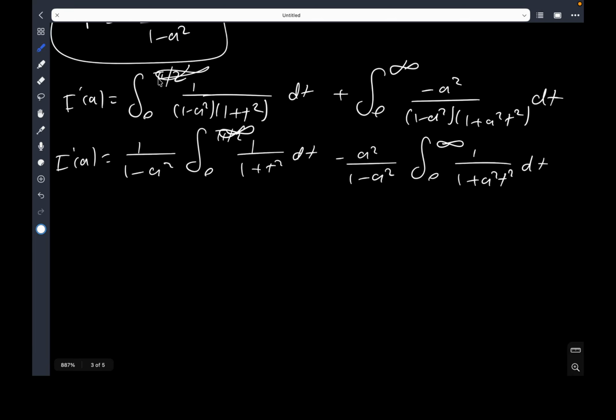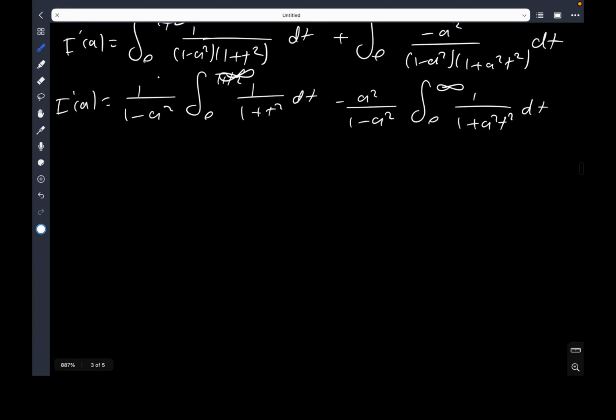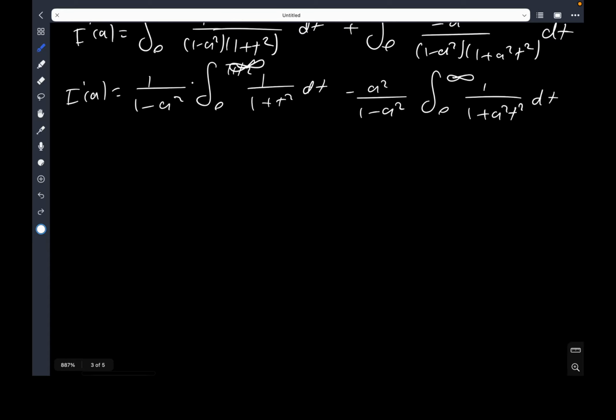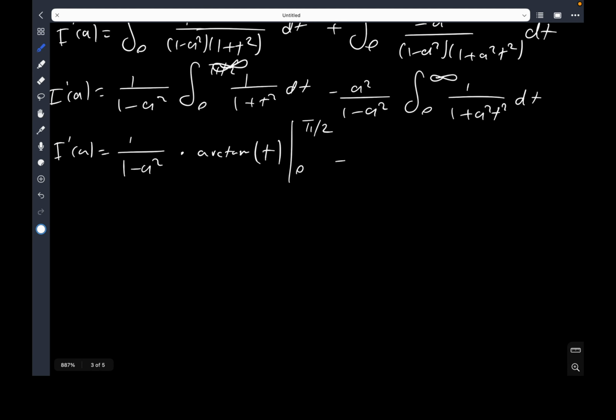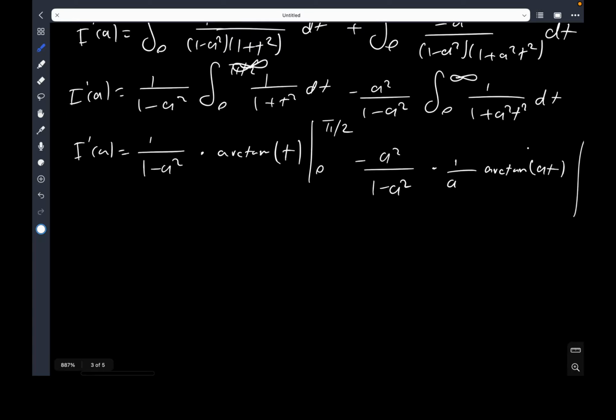This integral, as you already know from the previous one, is arctangent of t from 0 to infinity, minus a squared over 1 minus a squared times 1 over a arctangent of at, with limits from 0 to infinity.